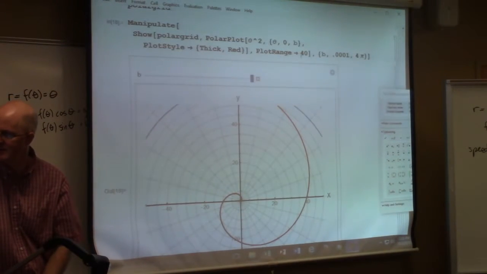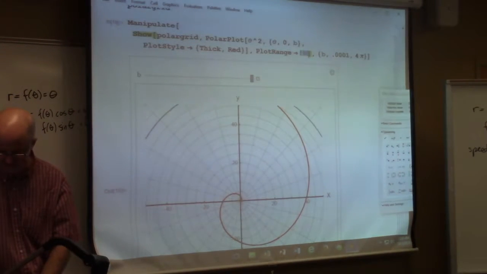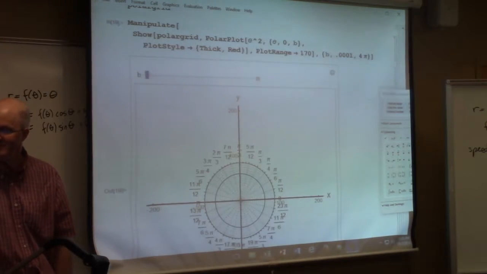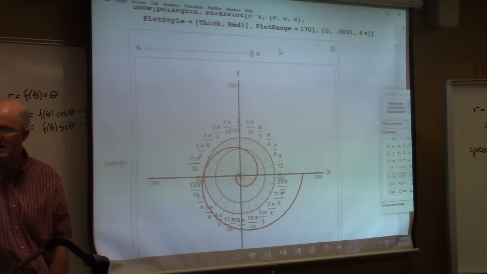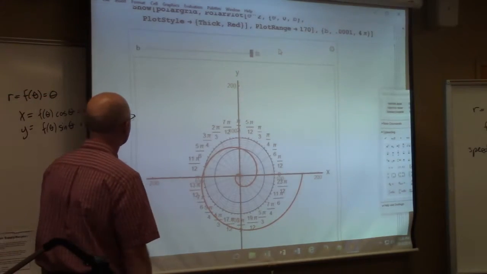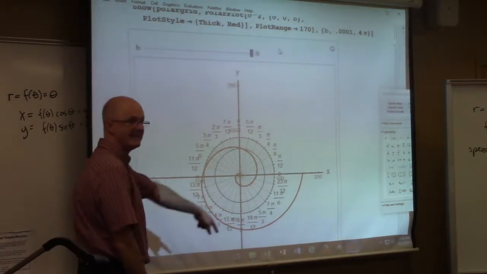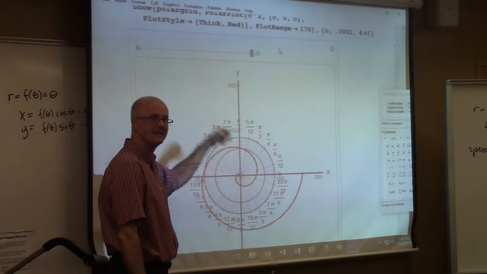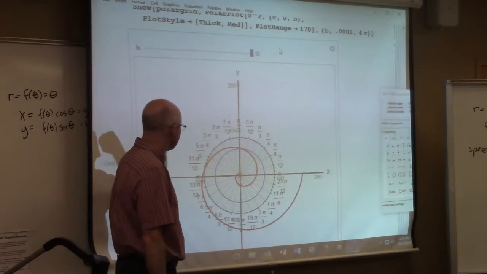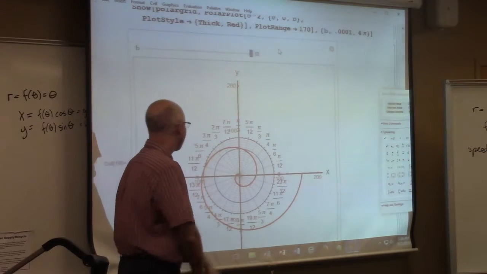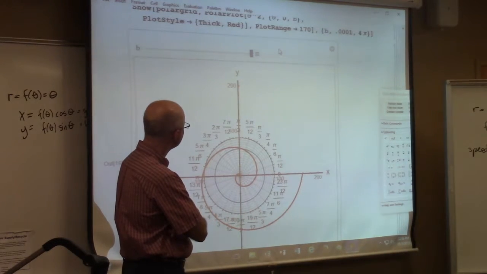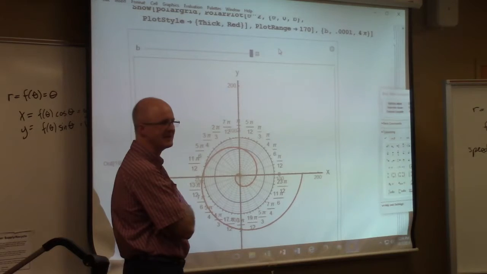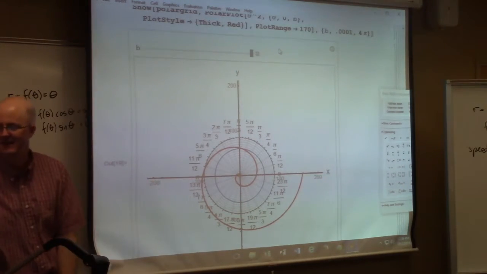We should go out at least to 169, say 170 here. Oh, and the polar grid is not big enough. Okay, whatever. Even labels the polar grid. How about that? It's the length of that thing. I don't know, 500 or 600 maybe? As a wild guess.